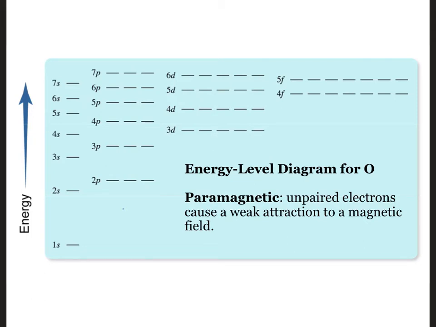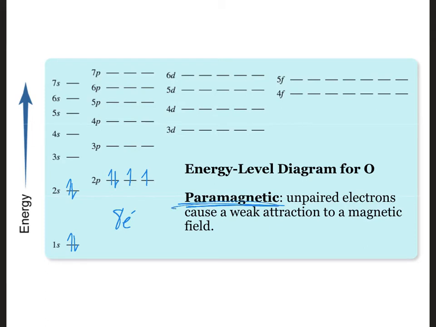If we look at oxygen, we see that it has an atomic number of 8. So the neutral atom will have 8 electrons to place. We'll fill the orbitals like this: 2 in 1s, 2 in 2s, 4 in 2p. Oxygen is weakly attracted to a magnetic field, so we say it is paramagnetic.